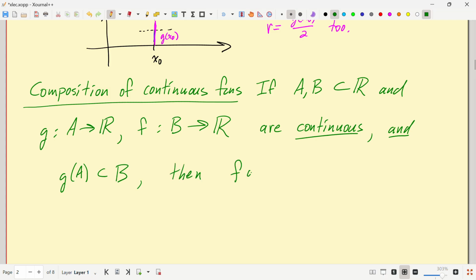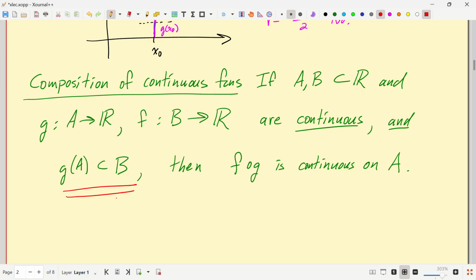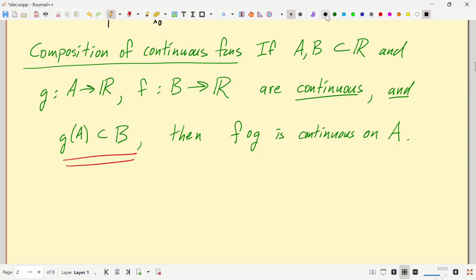F composed with G is continuous on A. Okay, so that's a critical thing to check when you're going to use this fact. It's surprisingly straightforward to show this just from the definitions.